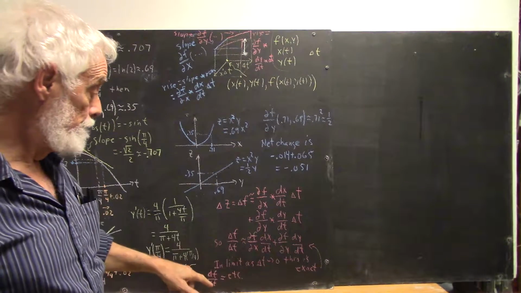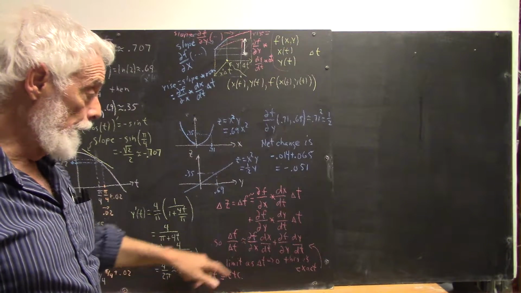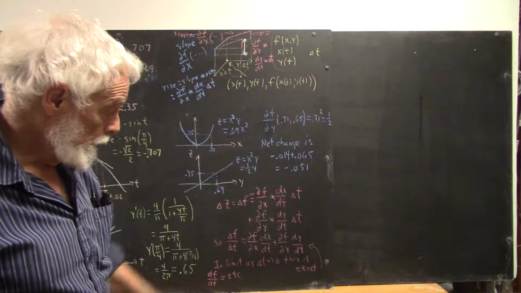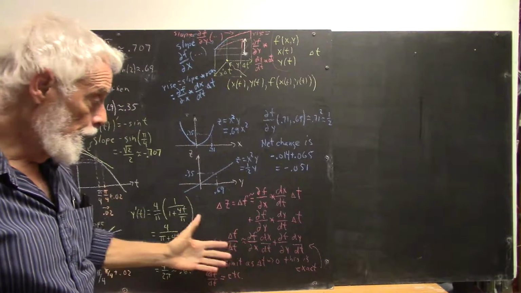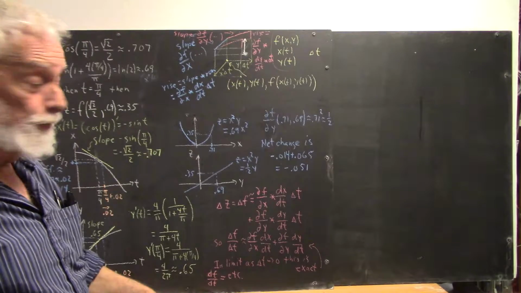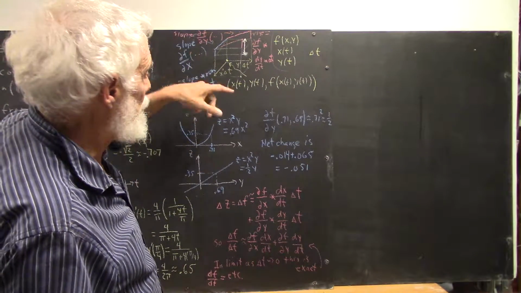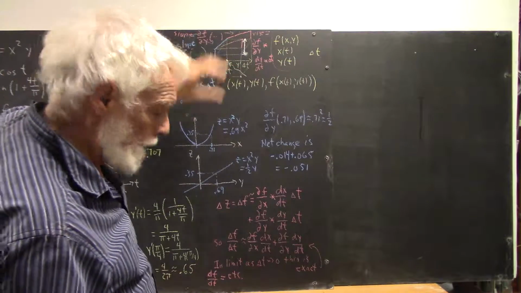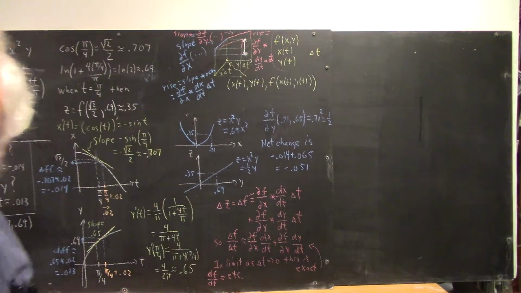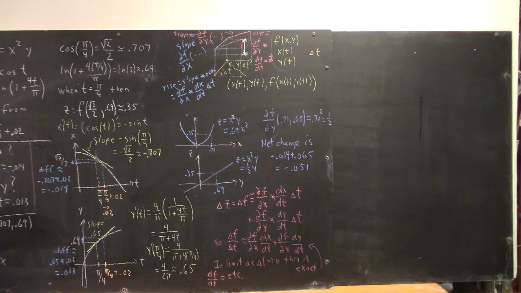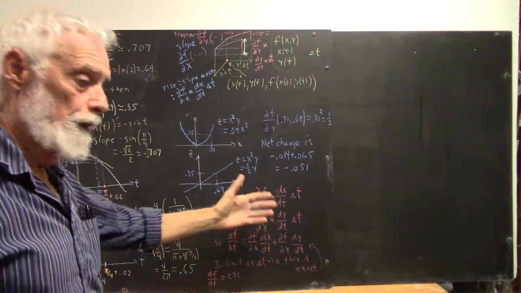Okay, in the limit, this is just the derivative of f with respect to t. Okay, because as delta t goes to 0, all the approximations become exact. Small delta t, everything shrinks down, approximations become accurate. That's the meaning of the differential.